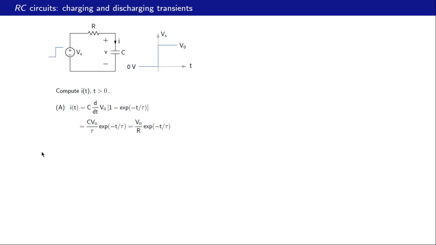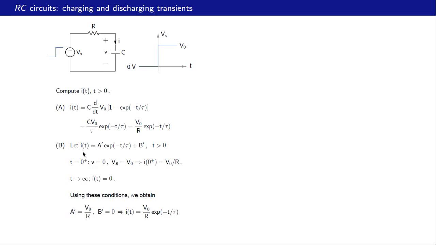The other way to find I of t is to start from scratch. That is, we pretend that we don't really know what v of t looks like. We begin with an expression for I of t and then find the constants involved in that expression.